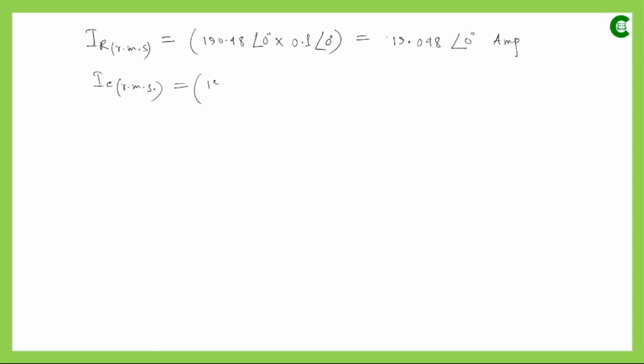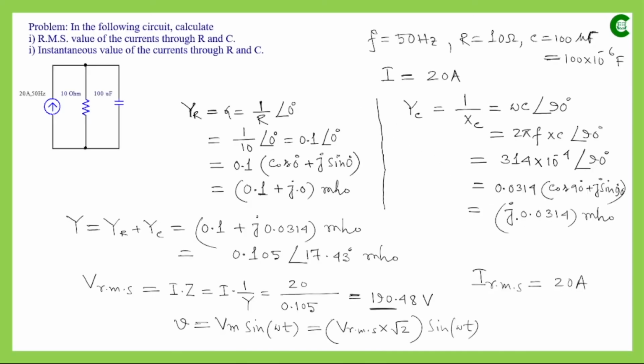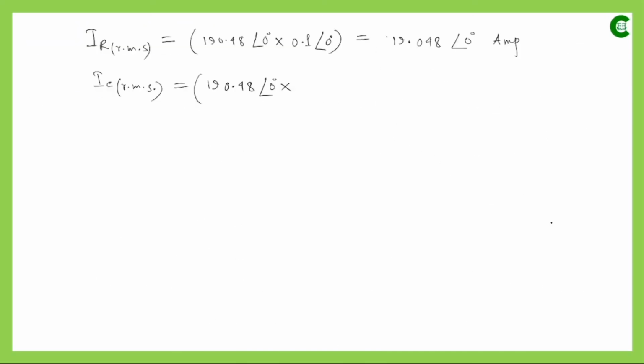Now next we will calculate the RMS value of the current that flows through the capacitor. It will be again the common voltage value, 190.48 at 0 degree, multiplied by the admittance of the capacitive path, which we have already obtained as j0.0314. It is given in rectangular format, so it should be converted into polar format.